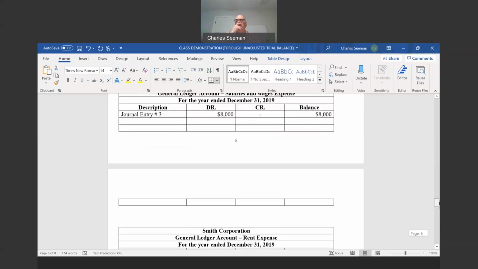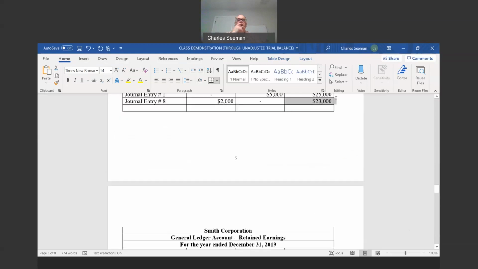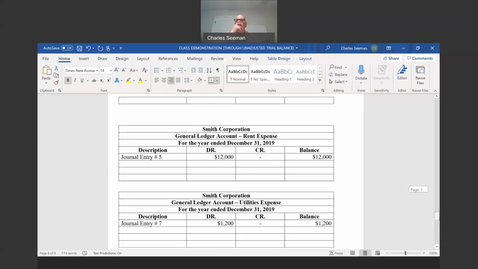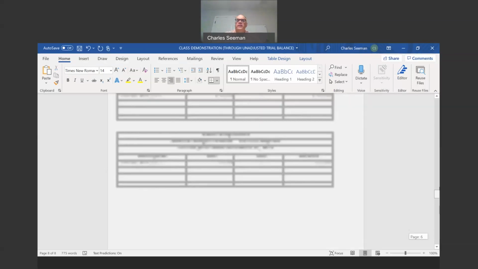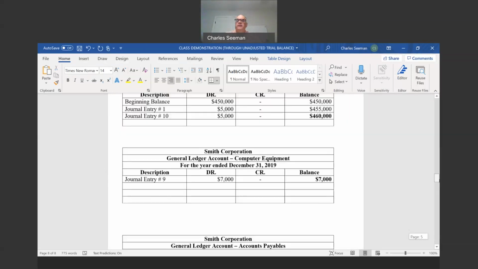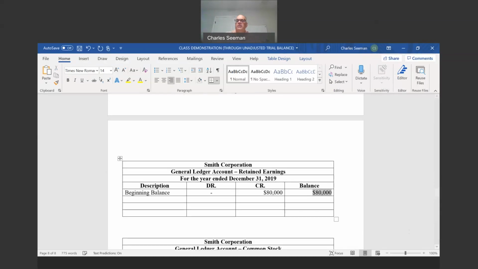All these belong on the right side of the equation, and therefore they have a credit balance. 1,000. A balance of 80,000.